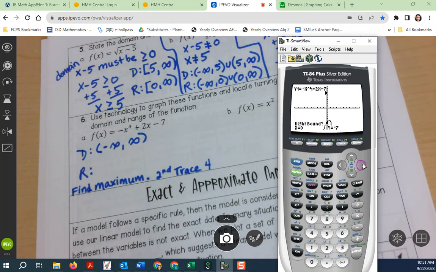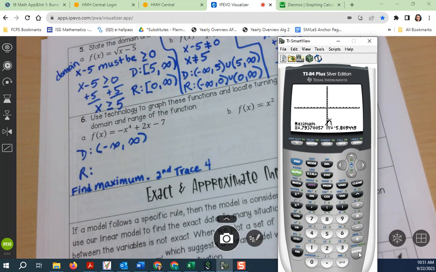It asks you to go to the right of the maximum, so you use your right cursor to go to the right, and you press enter again. Then it asks you to guess, so you move towards the top of it, and you press enter one more time.